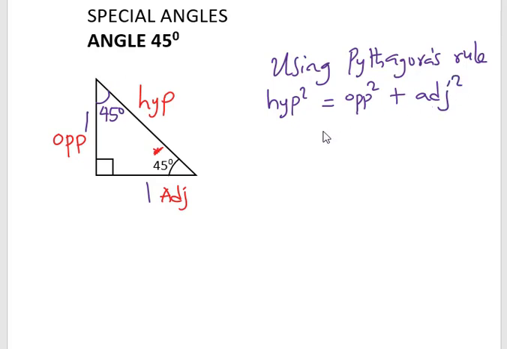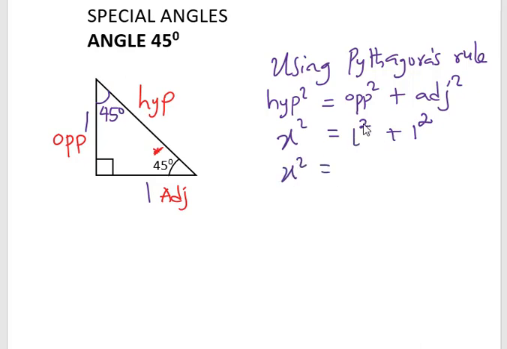The square of the hypotenuse is equal to the sum of the squares of the two other sides. We don't know our hypotenuse, so we call it x. x squared is equal to 1 squared plus 1 squared.